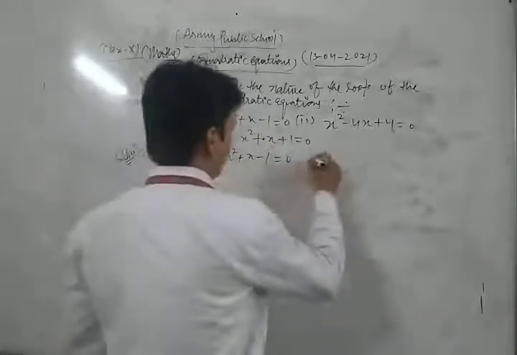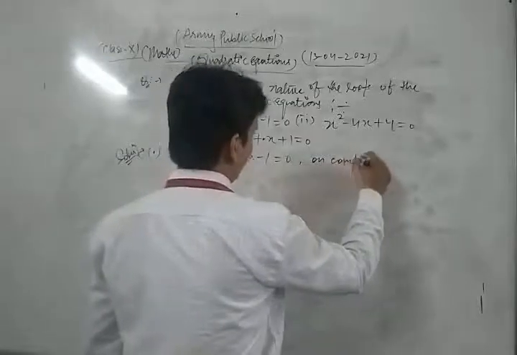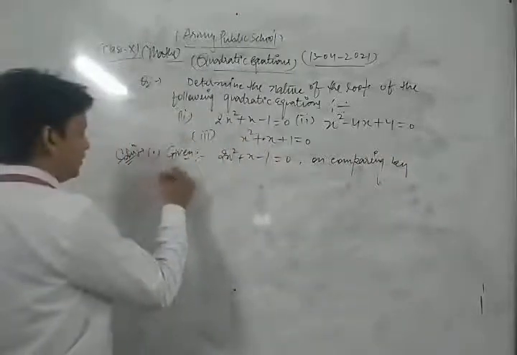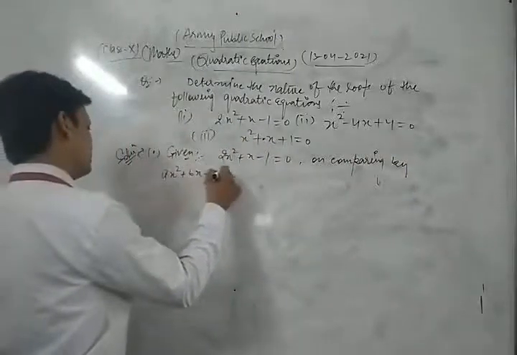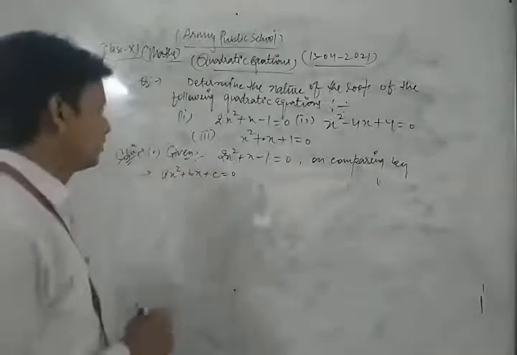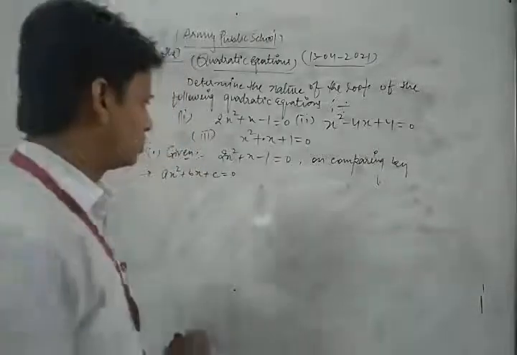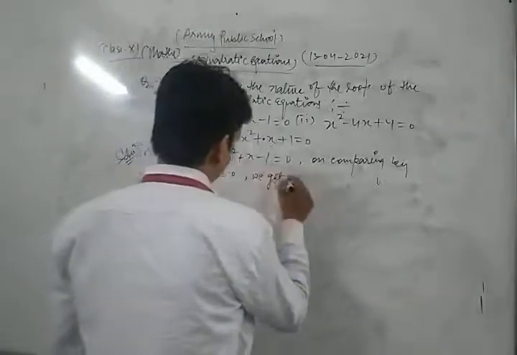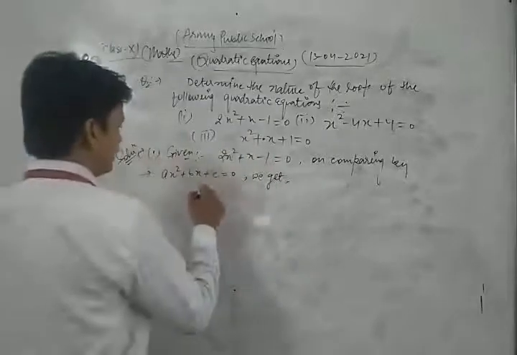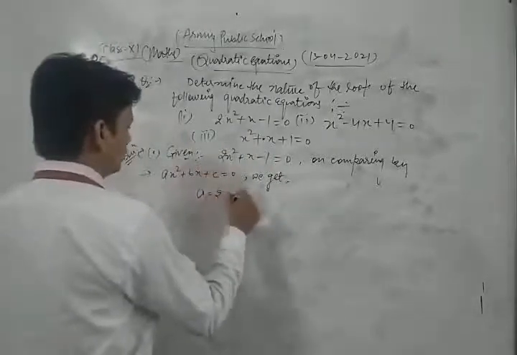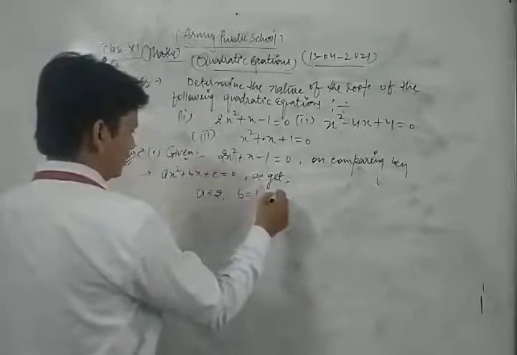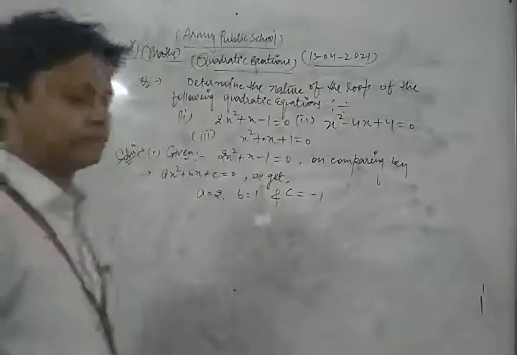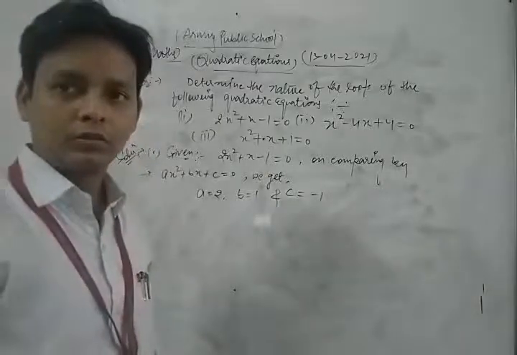Now on comparing by ax square plus bx plus c is equal to 0, we get a is equal to 2, b is equal to 1, and c is equal to minus 1. Okay, dear students.